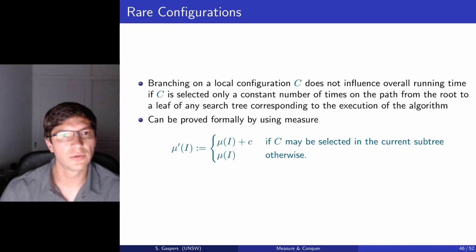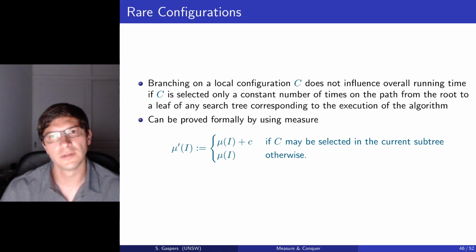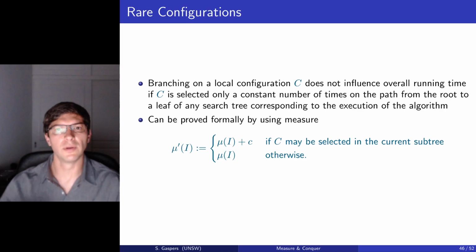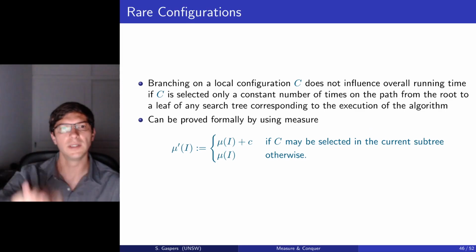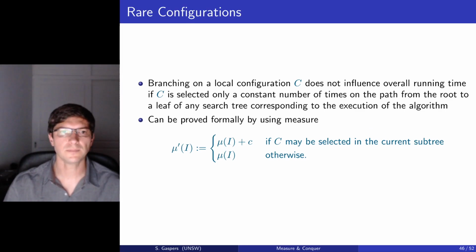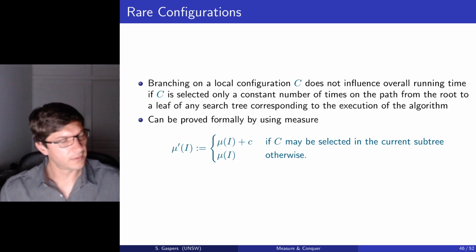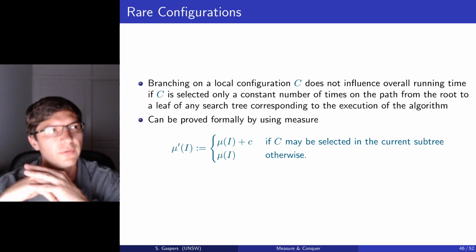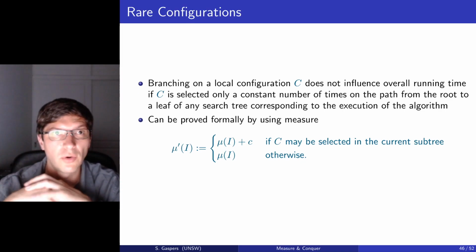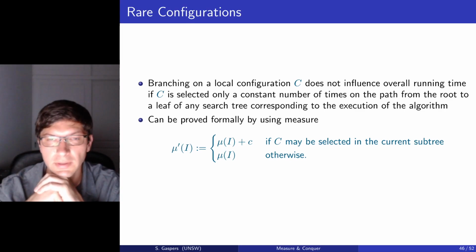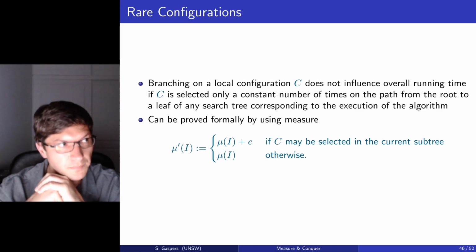Okay, so what's a rare configuration? So we're saying that branching on a local configuration C does not influence the overall running time if C is only selected a constant number of times when we look at a path from the root to a leaf of the search tree. Okay, so let's think about when do we have to branch on the degree 5 vertex with all neighbors of degree 5.